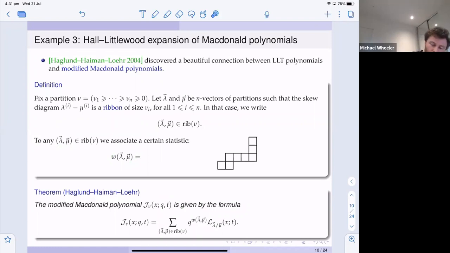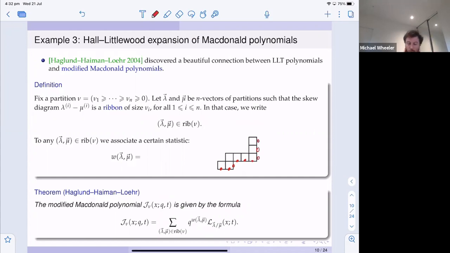You take your ribbon shape that's given here, and you do a little mapping of this thing. I will replace each of my edges here by dots. So I'm going to put a dot here and a dot here, and this is going to be empty. This is going to be a dot.